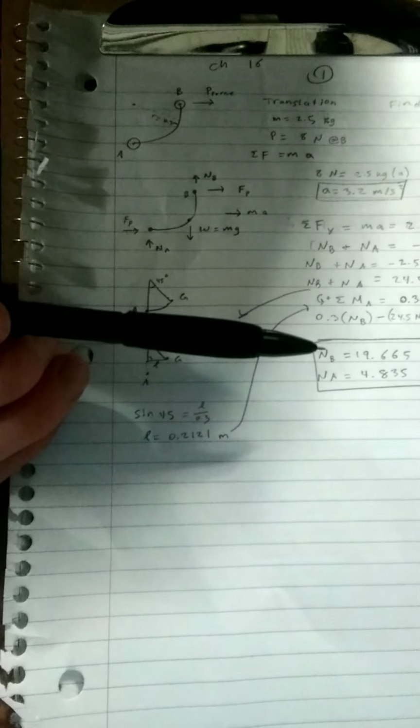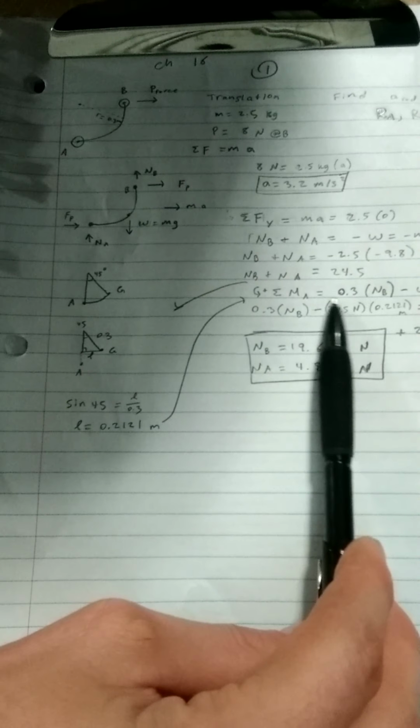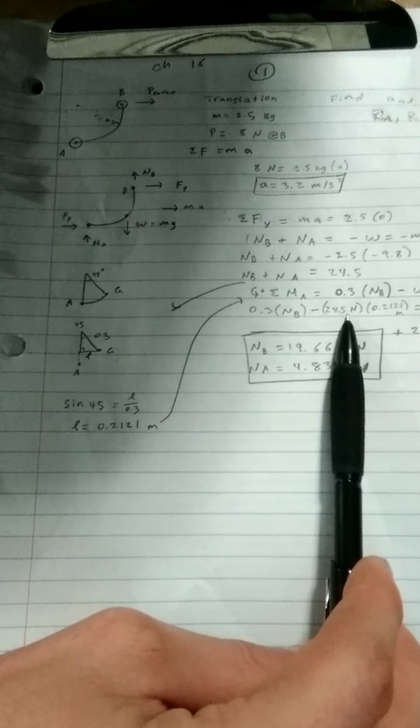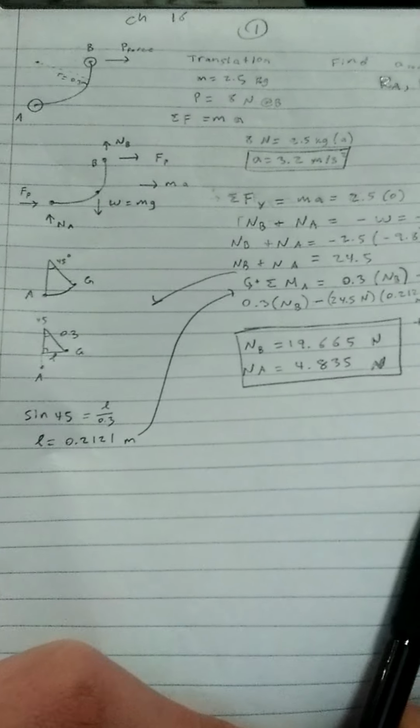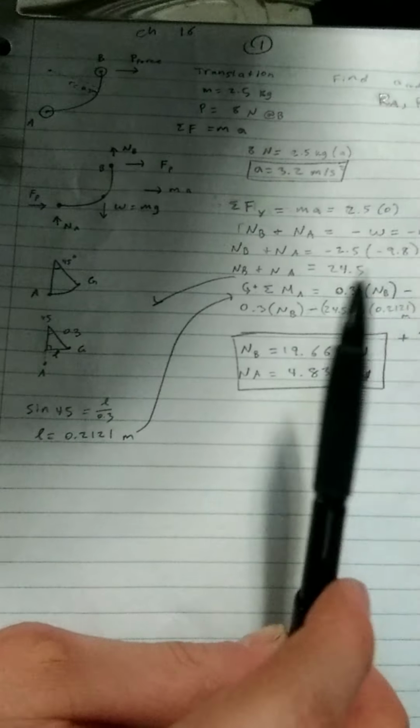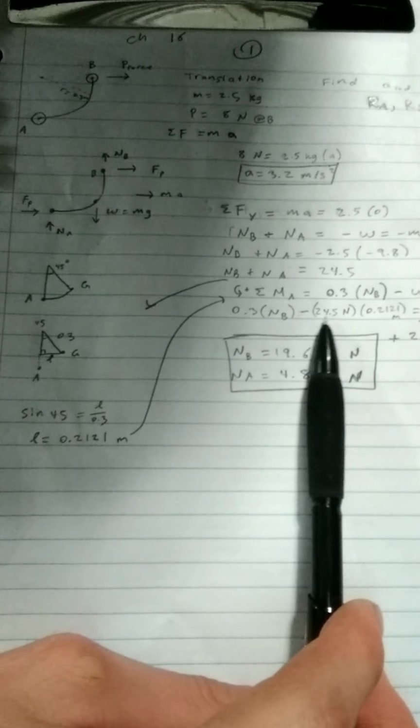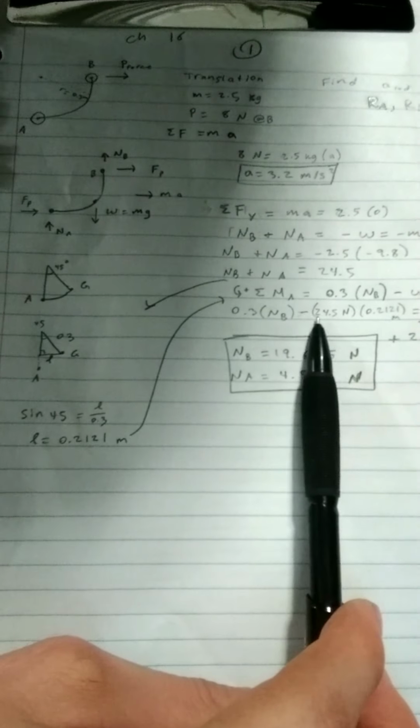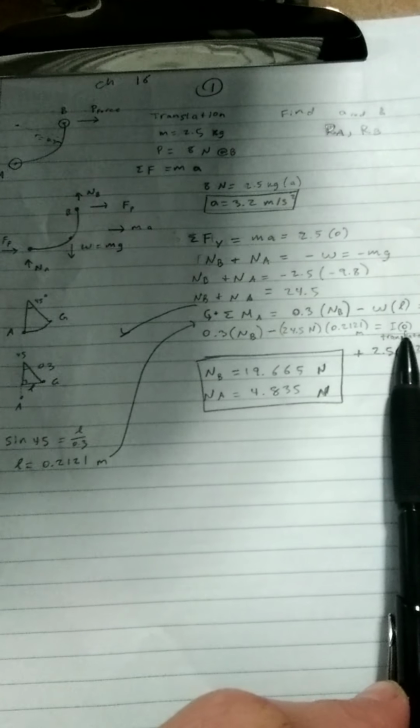So we went ahead and plugged that in here. So we have our 0.3 normal force at B minus our force, which is 24.5 newtons, and that is our mass times the acceleration due to gravity, mg, times our length L, 0.2121 meters, equals the inertia times angular acceleration.